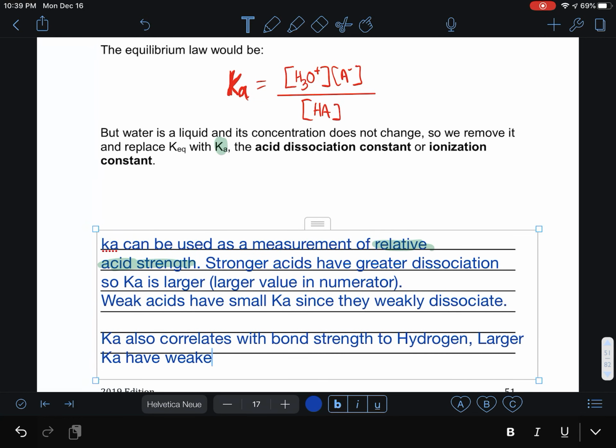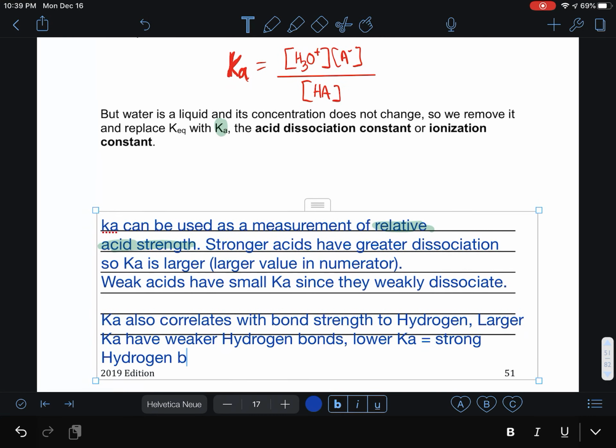Larger Ka have weaker hydrogen bonds, more dissociation. Lower Ka equals stronger hydrogen bonds.